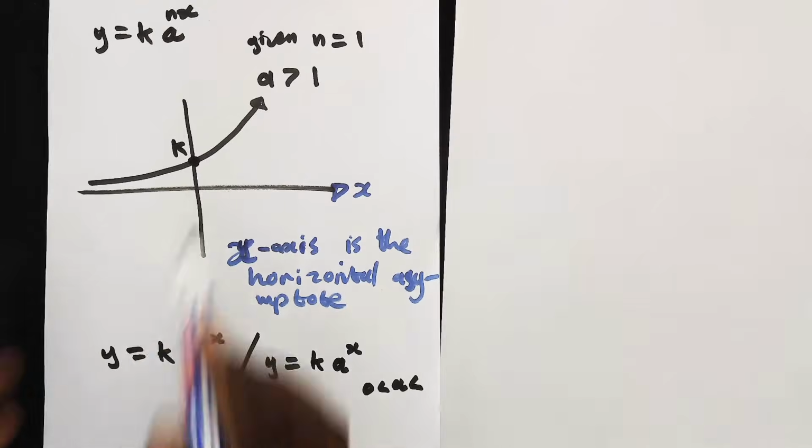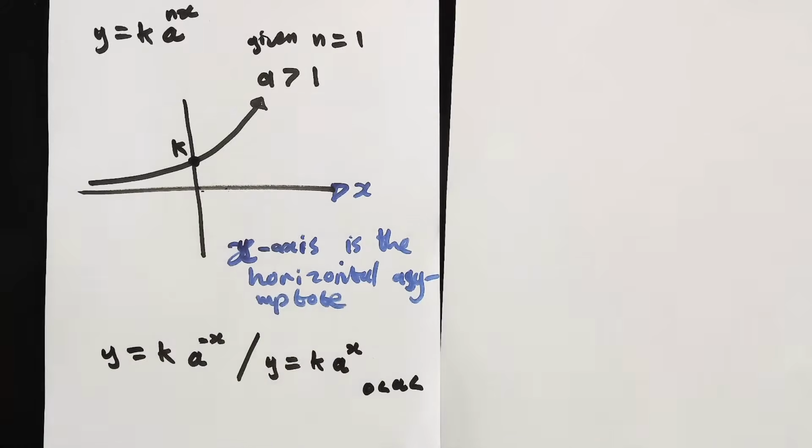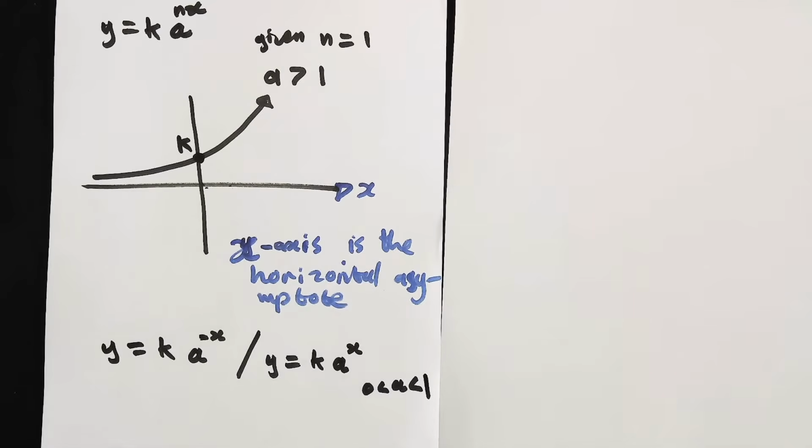I hope you see less than 1 means the values for a must be between 0 and 1, so we have 0.000 something up until 0.9 something.